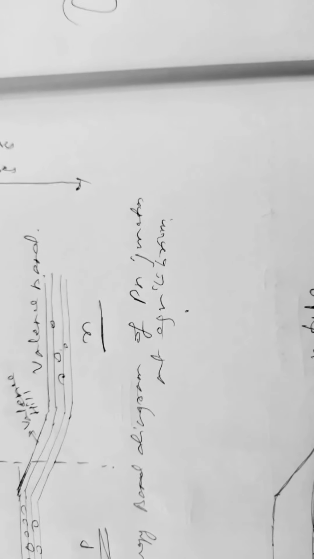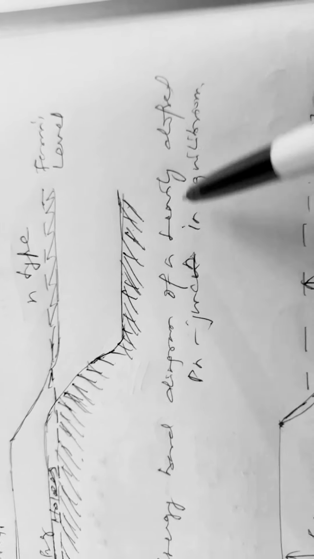Now, when the doping levels are very high, the Fermi level in the p region will be below the valence band. You can see over here in the second diagram also, the energy band diagram of a heavily doped p-n junction in equilibrium.